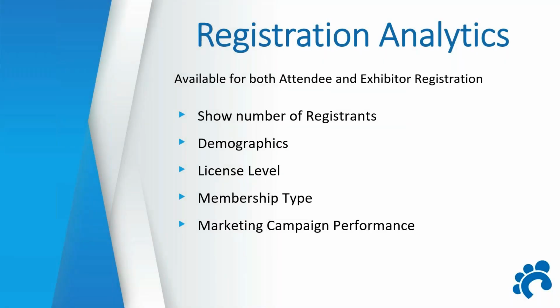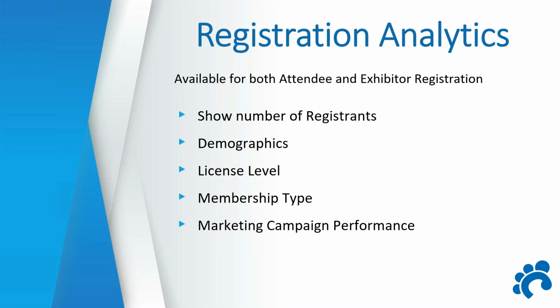As well, we have our registration analytics before your event, right? Where we want to know how many registrants we are going to have, maybe the answers to certain demographic or just information-gathering questions that we have in our registration form. We can also figure out our license level amounts through these analytics and maybe the membership types that they selected.